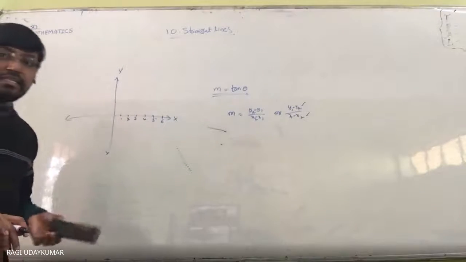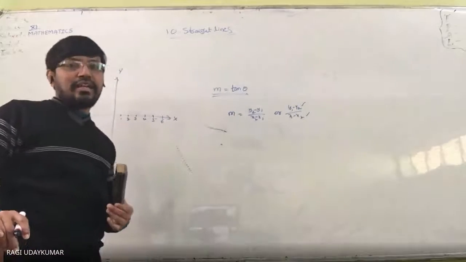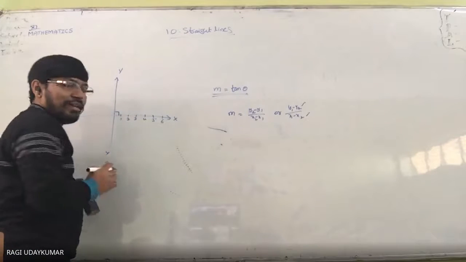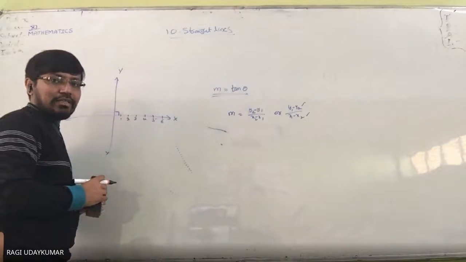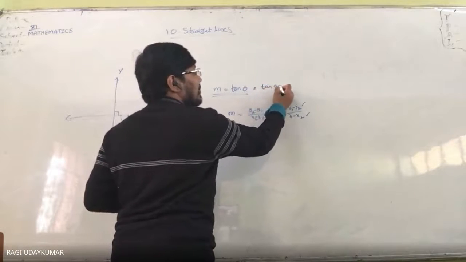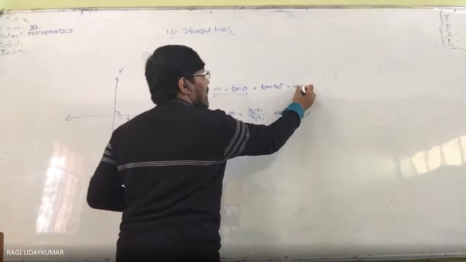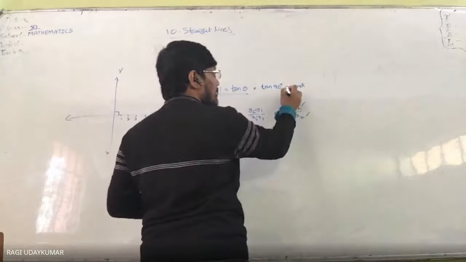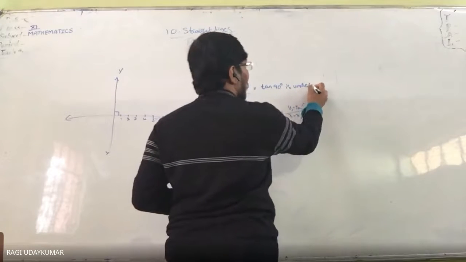The slope of the y-axis is undefined. Why? Because the y-axis makes an angle of 90 degrees with the x-axis, so you get tan 90 degrees. Tan 90 degrees is undefined. It is not a value, so you have to say that it is undefined.